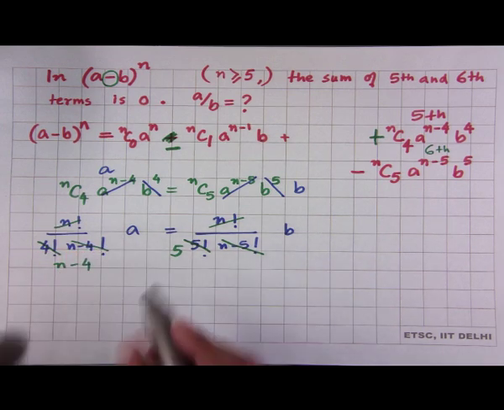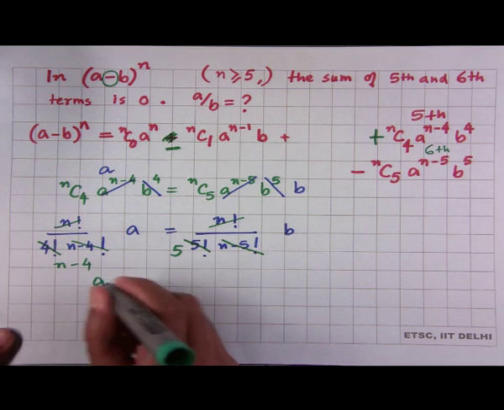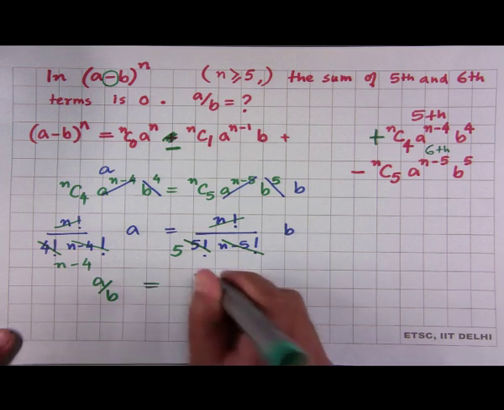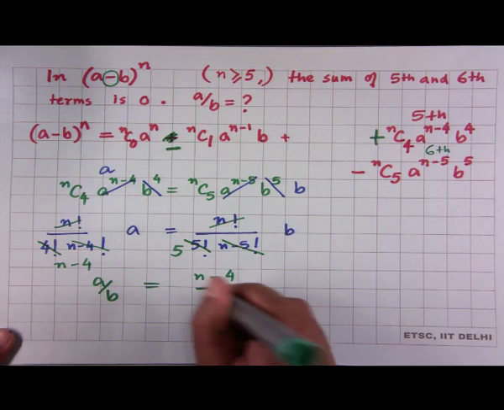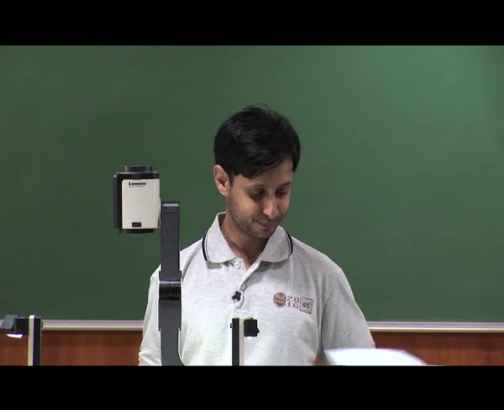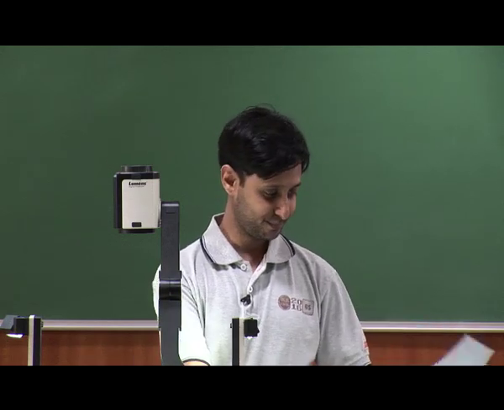Which leads me to a by b is equal to n minus 4 by 5. Okay? That was a quick JEE question for you, quite straightforward.